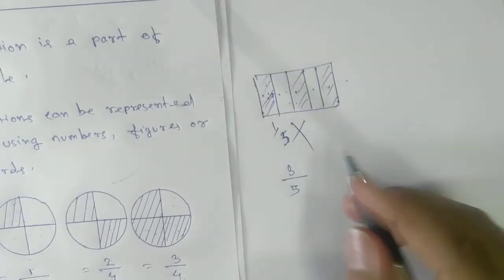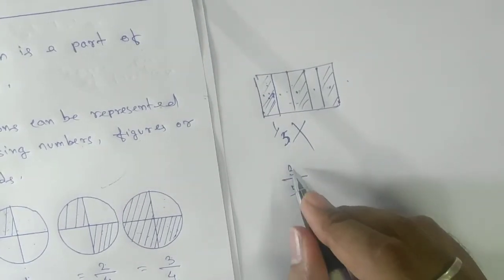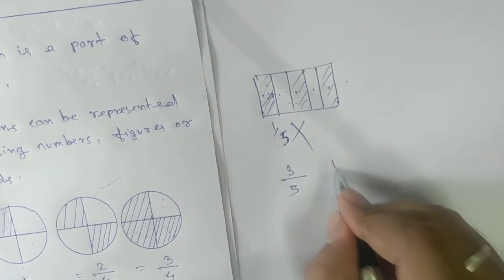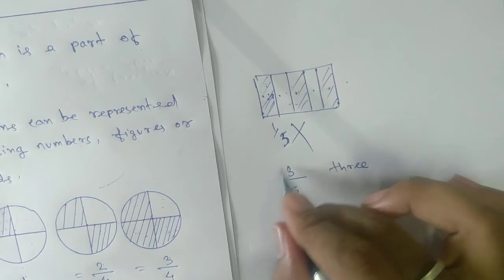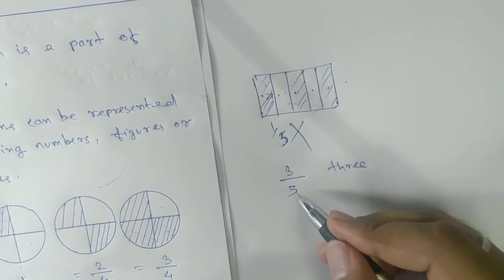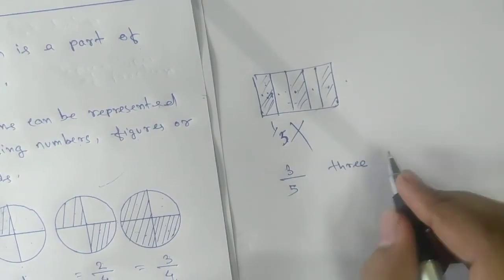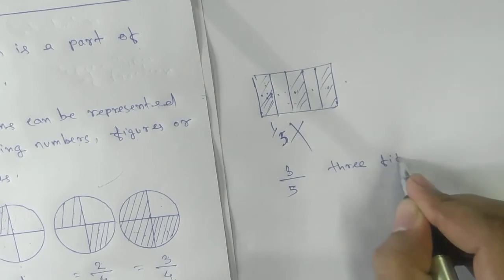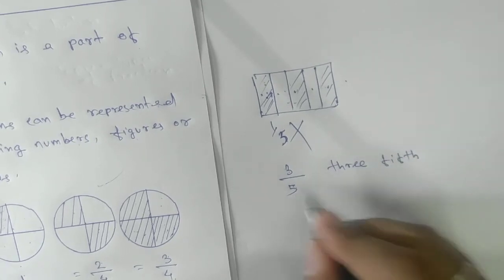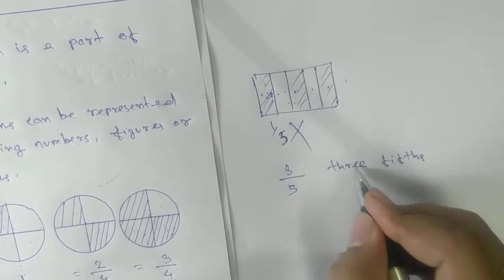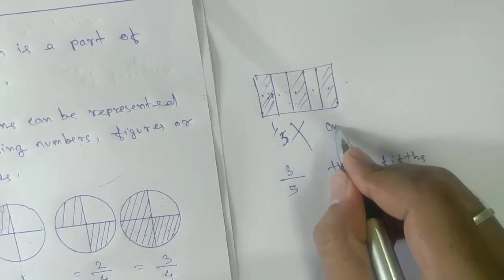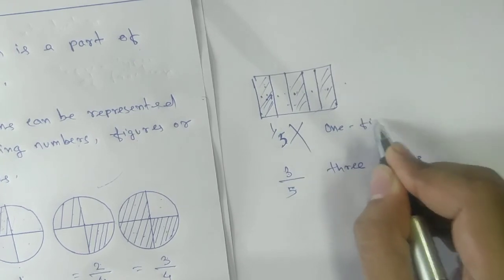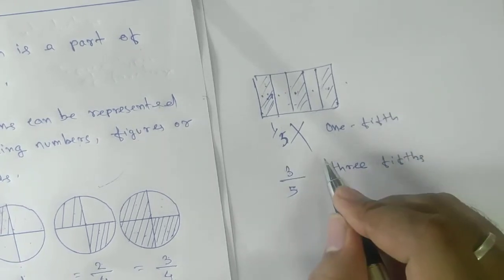Now if you want to write 3/5 in words, the numerator should be normal, 3, and the denominator we write as fifth, with an s because 3 is more than 1. If I take 1/5, we write 1 and fifth only, no s.